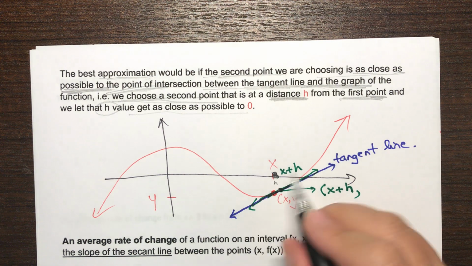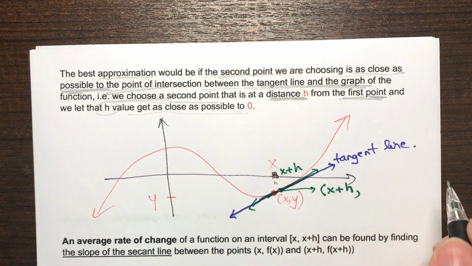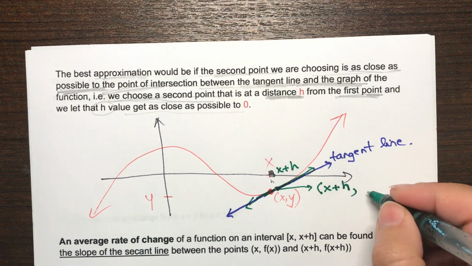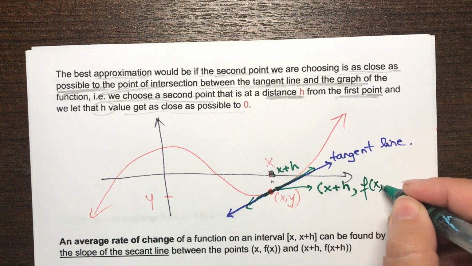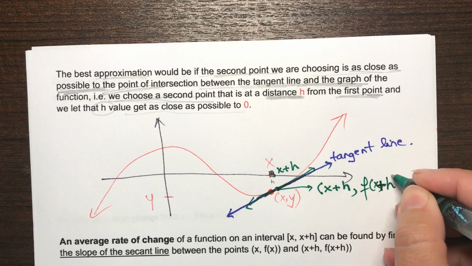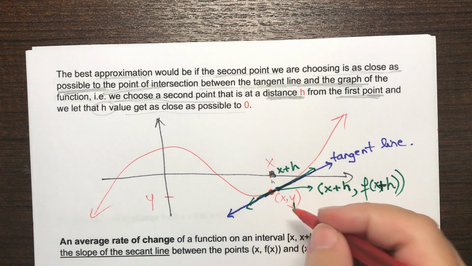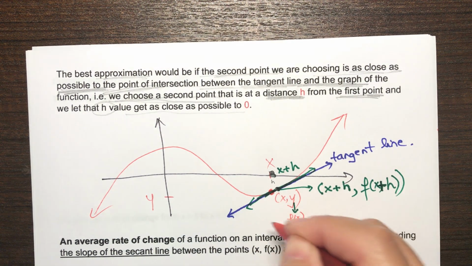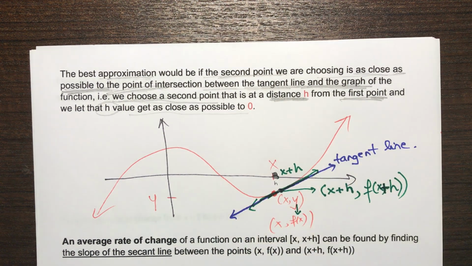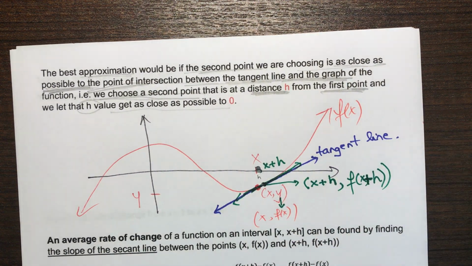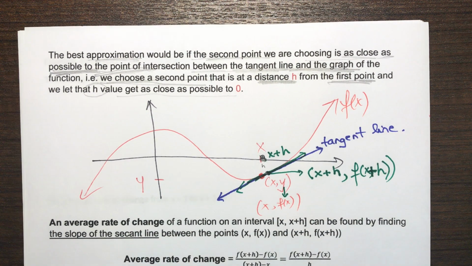So x plus h is where my next x coordinate is. I don't know what the y of it is, but it's whatever I get if I plug this x plus h into my function, whatever function it is we're looking at, okay?